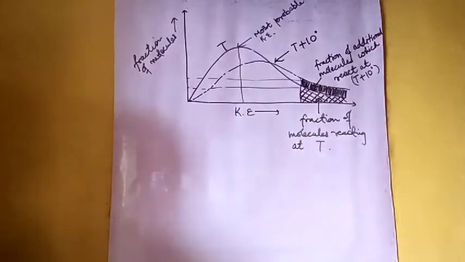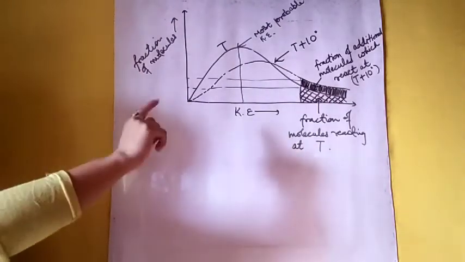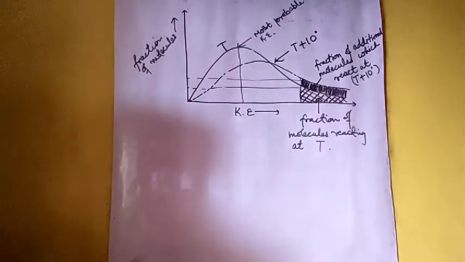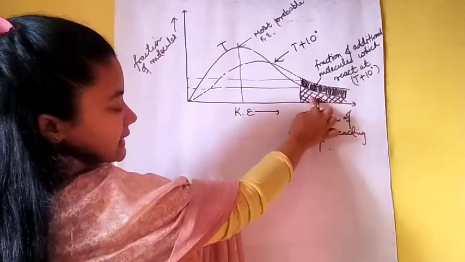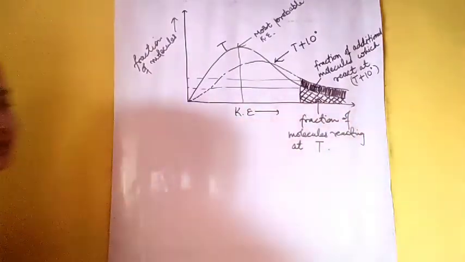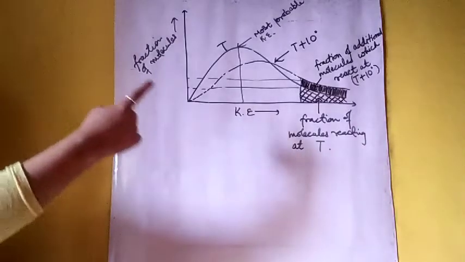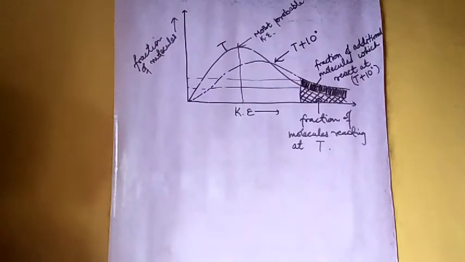Okay. So as I have written there, the fraction of additional molecules which react at T plus 10 degrees Celsius, that means this much. And these are the molecules which are reacting at temperature T, right? So now what is observed, that increasing the temperature of the substance increases the fraction of molecules, right? This is observed from the graph.